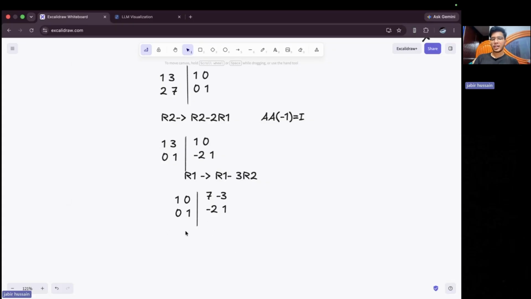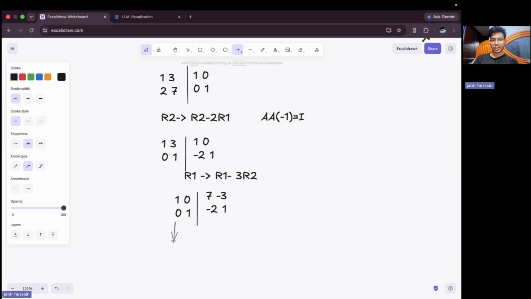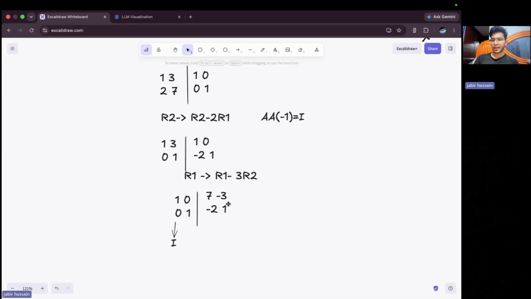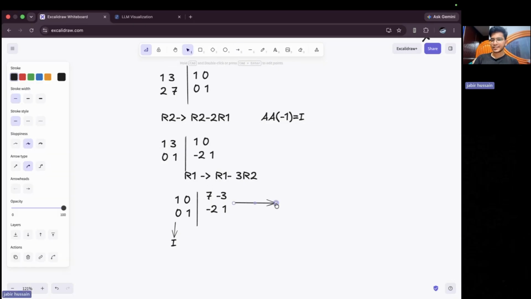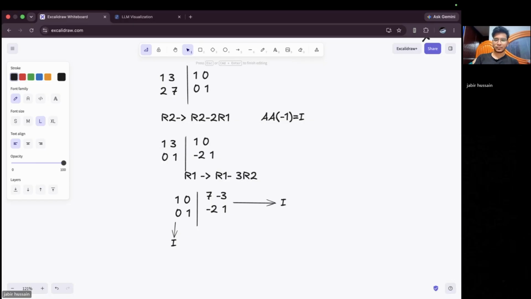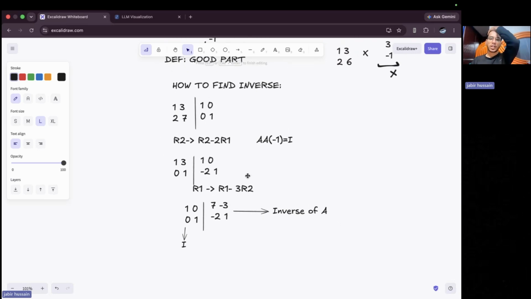Now here I got the identity. What is this? This is my identity. And what is this matrix? This matrix is nothing but the inverse of A. And we call this entire method the Gauss-Jordan method.